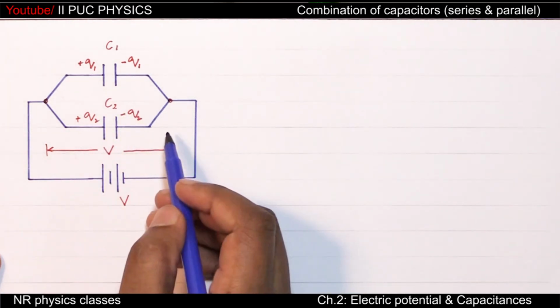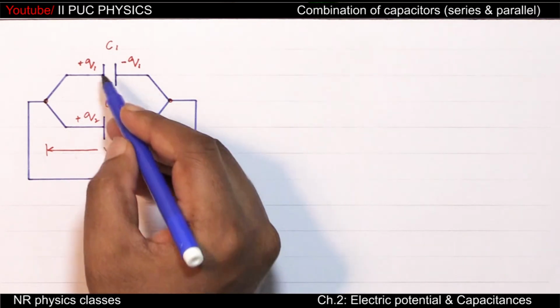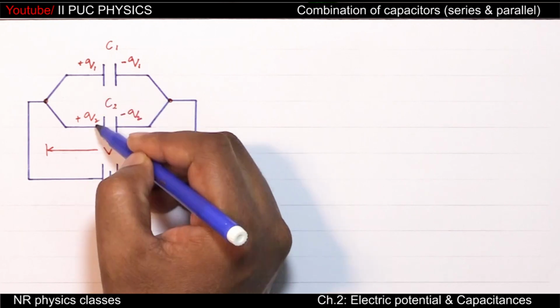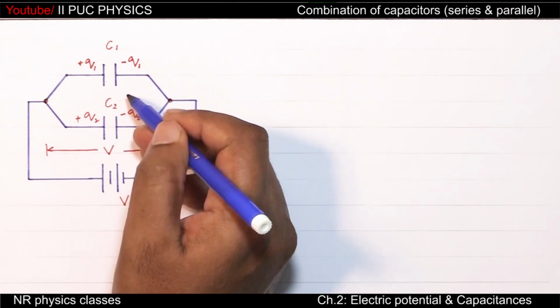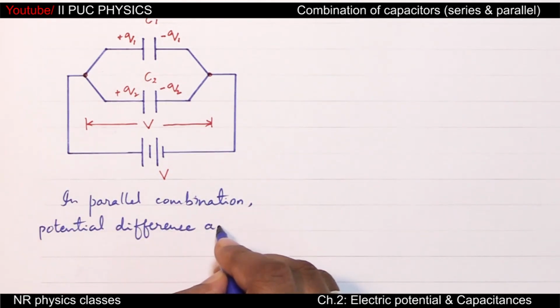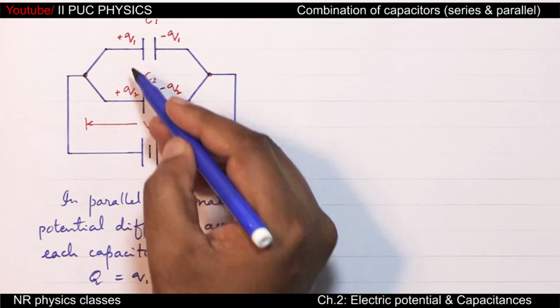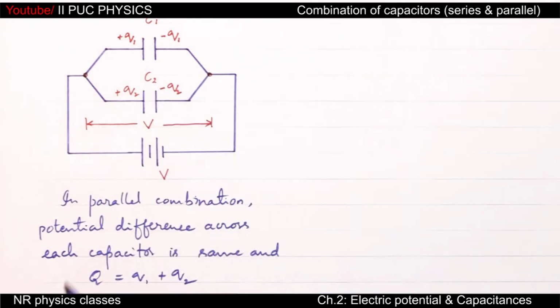In parallel combination, potential difference across each capacitor is same and that is equal to V, and Q equal to Q1 plus Q2. Sum of these two charges is the total charge.